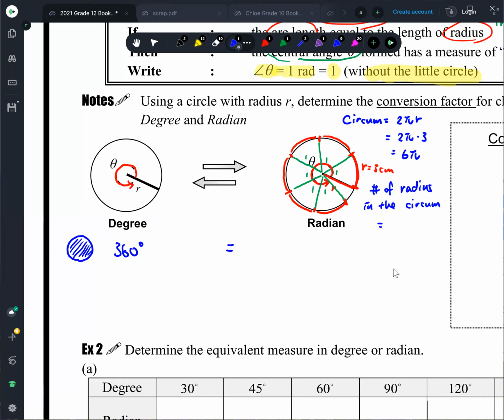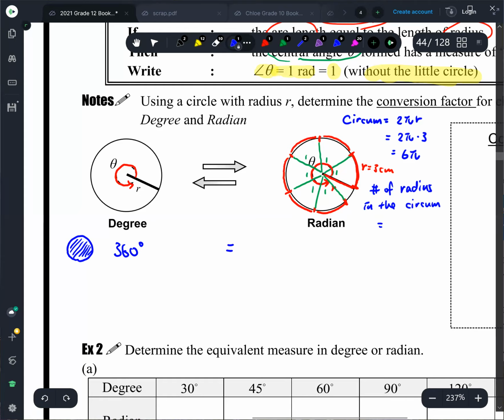What should we do now? Sophie, what do you think? If I want to find out how many radius can fit into 6 pi? You divide it by 3. Yeah, very good. So it'll be 6 pi, that's our circumference, divided by 3. That will simplify into 2 pi.